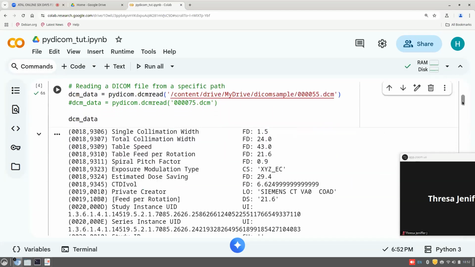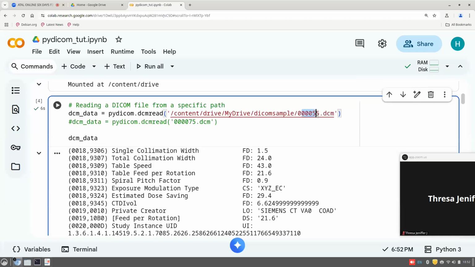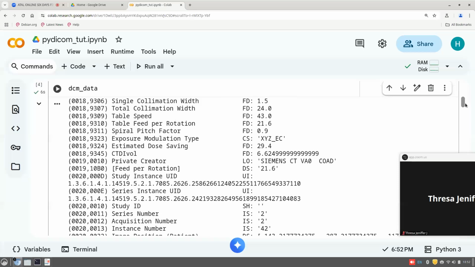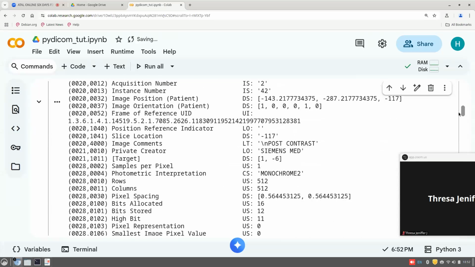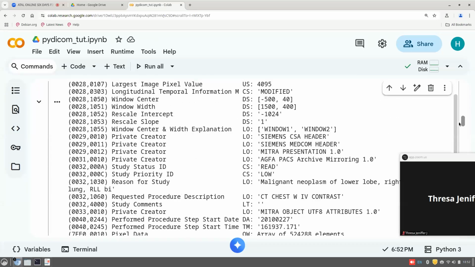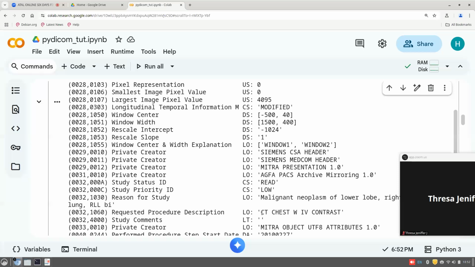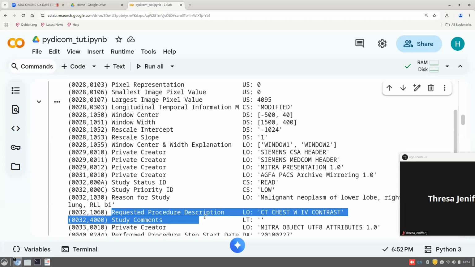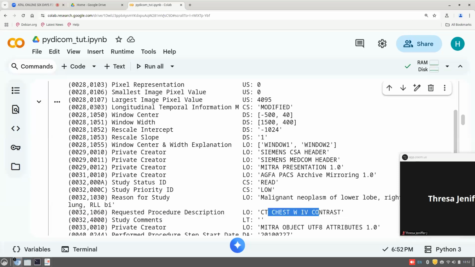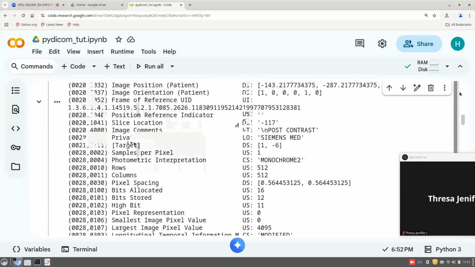DICOM format means this file does not have only the image but also the patient information and the machine information. So this image is actually a CT scan image, not an X-ray image, which you can see from this PyDICOM metadata. 00321060 is the tag, and the requested procedure description is CT scan, and there is other metadata information.